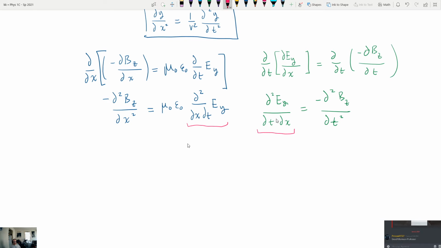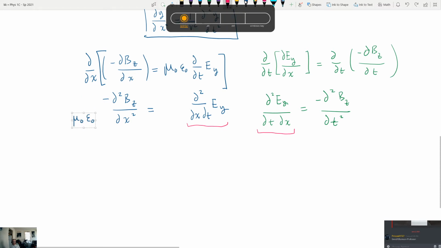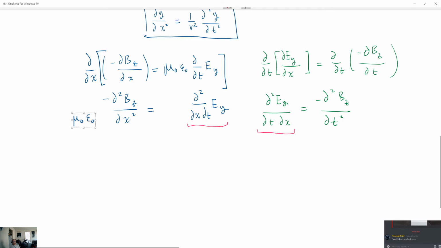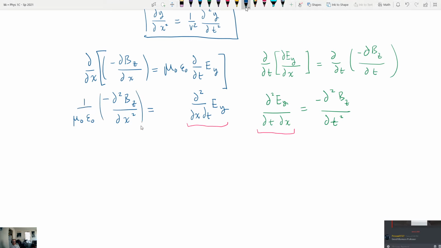Okay, so these two terms are equal to each other, basically, right? So what we can do is take this piece, the mu naught epsilon naught, and divide it to the left-hand side over here. This is now going to say 1 over mu naught epsilon naught times this is equal to this. And then we can make them all equal to each other.